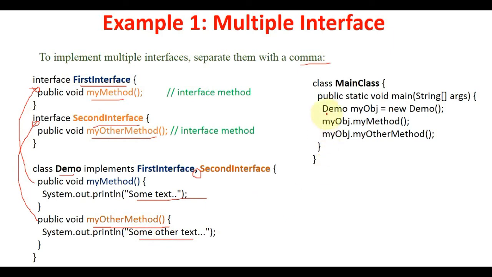When we create an object and call those two methods using the reference variable, first it will display some text, and then it will display some other text from the second method of demo class, from the implementation of the method of the second interface.